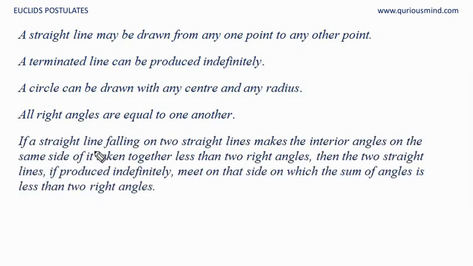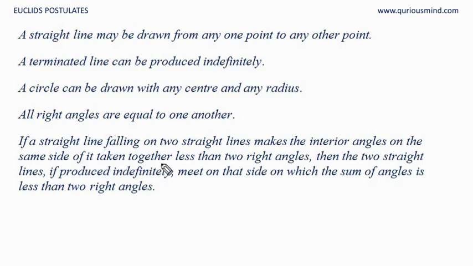If a straight line falling on two straight lines, now what does it mean? You have learned about one line intersecting two lines, and we call it a transversal. So a transversal is falling on two straight lines. Now let's read further. Makes the interior angles on the same side. So what we are talking about here is co-interior angles.